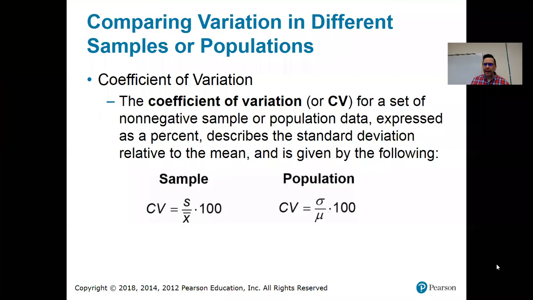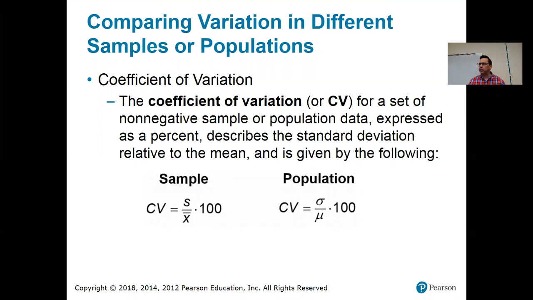Okay, the last thing I believe in section 3.2 is called coefficient of variation. The coefficient of variation is good for comparing 2 different samples or populations that have different means and/or different standard deviations.